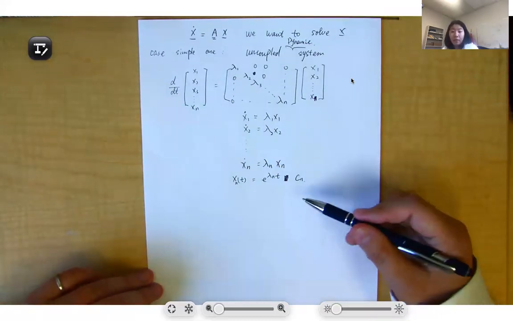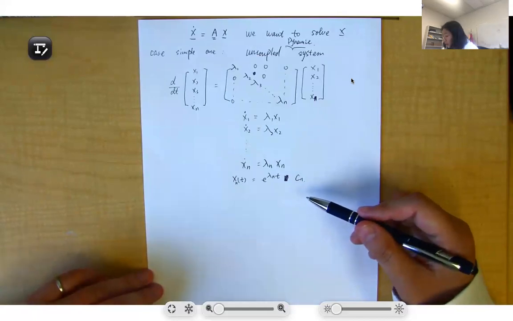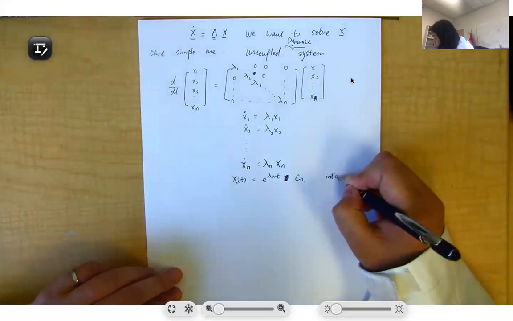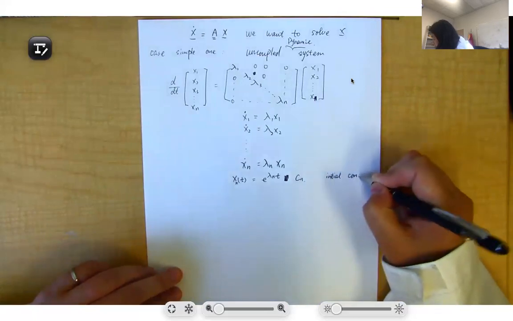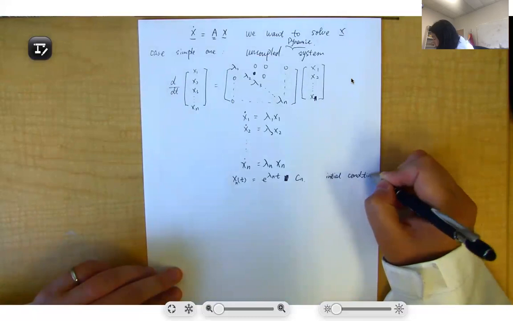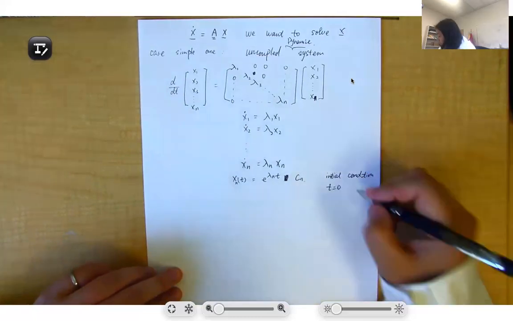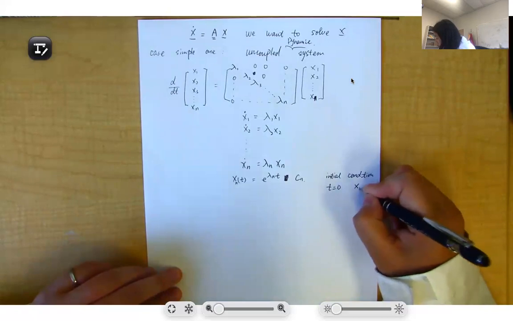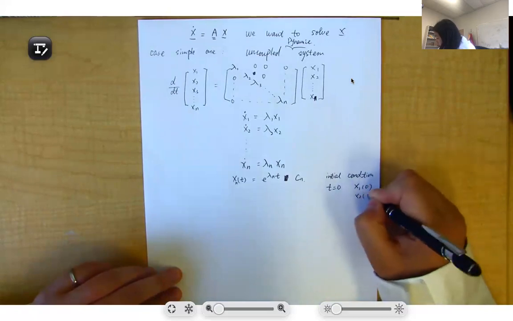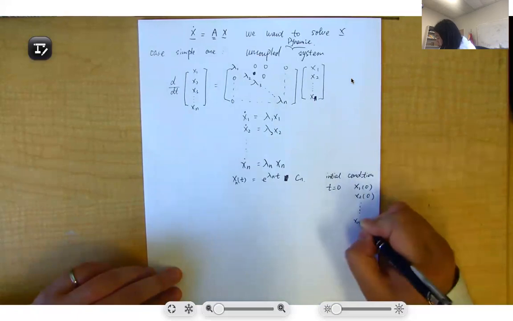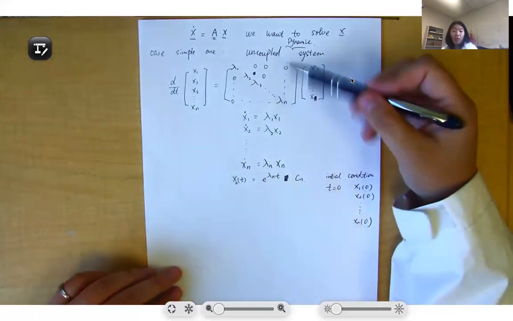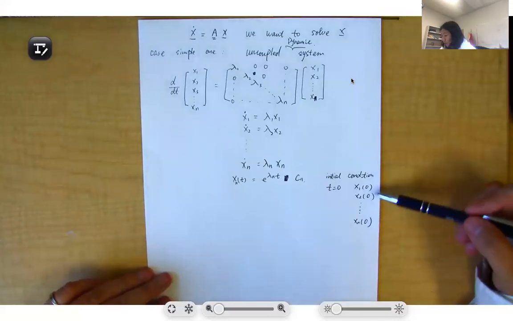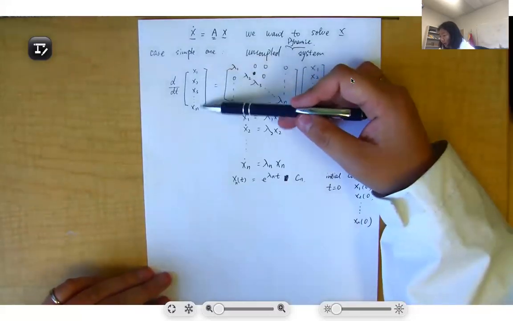So if we give an initial condition, basically at time equals 0, you will have x1(0), x2(0), until xn(0) for this nth order ODE, right? So you will have n conditions to determine x1, x2 until xn.